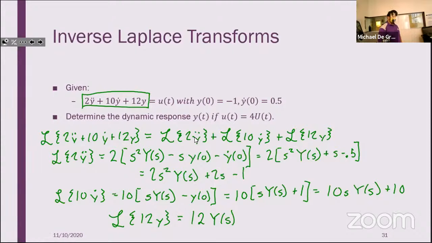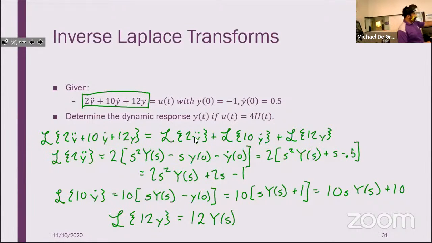The Laplace transform of y of t is y of s. 12 is the constant. We don't know what the output is. We're trying to figure out what the output is. So we're going to leave it as y of s. I realize that sounds confusing and not helpful, but I understand that. So the Laplace transform of y of t is capital Y of s.